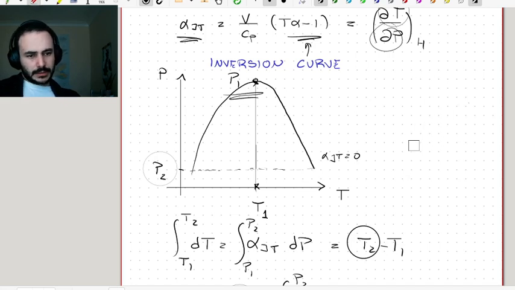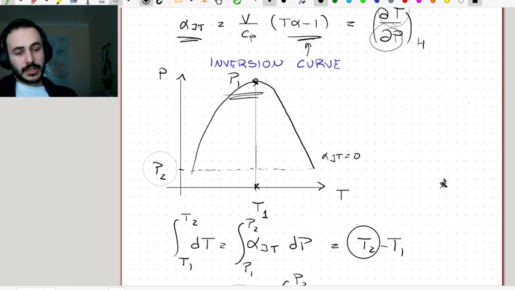Okay, and let me just make this remark that I write about in the lecture notes, which is not all gases will be like this. So for instance, like I said before, hydrogen. Hydrogen at room temperature is sitting way to the right of this inversion curve. So there's really no pressure that I can pump my hydrogen up to so that it will cool down when it expands. It will always heat up.